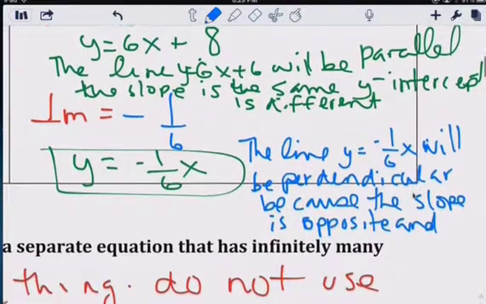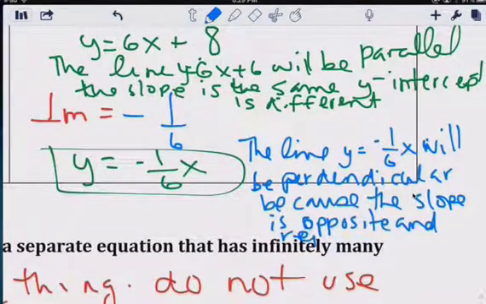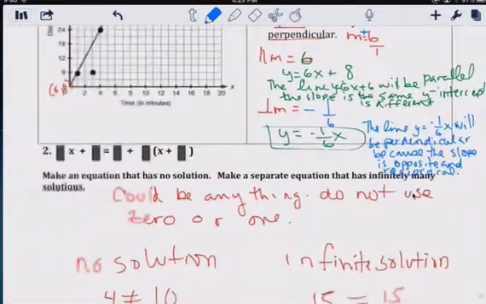Sorry if you can't read it, but reciprocal. There you go.